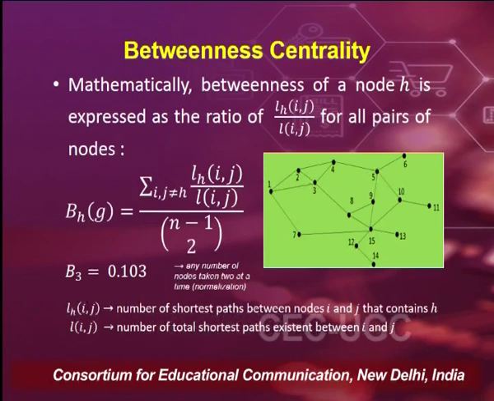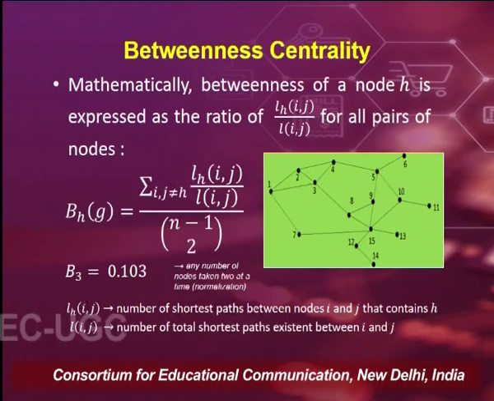Here the formula is in the numerator, so the normalization will come in the denominator. And since we are taking two nodes at a time, this normalization will be n minus 1 C 2. C is the combinations, so it is called n minus 1 C 2.